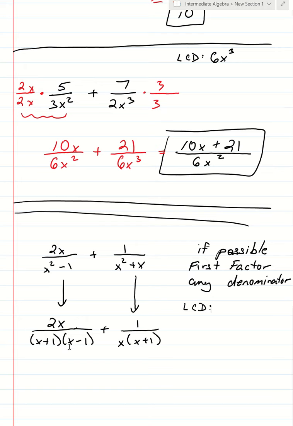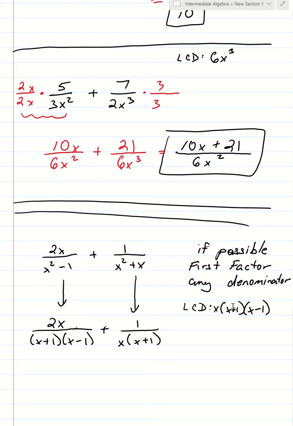So let's take a look here. I have x plus 1. That's one factor. I have a different factor in the denominator, x minus 1. That has to be there. I have this different factor of x. That's going to make up the lowest common denominator.